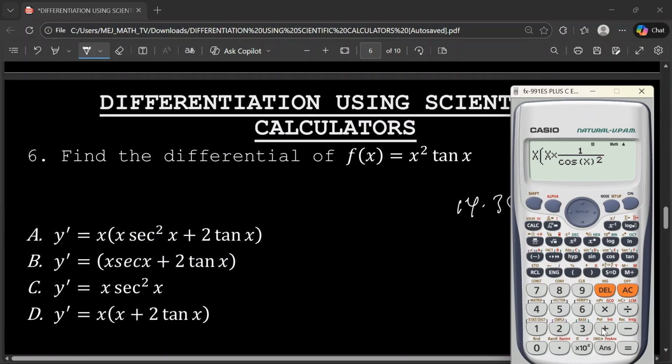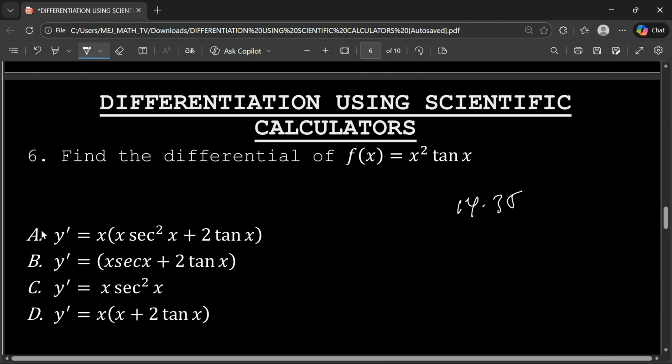Then plus 2 tan of x. Then we close the entire function. Then evaluate it at 2. We are having 14.35. And so option A is the correct answer.